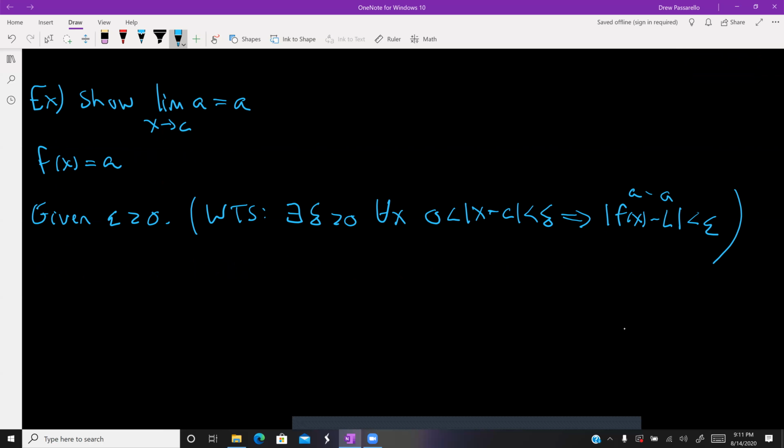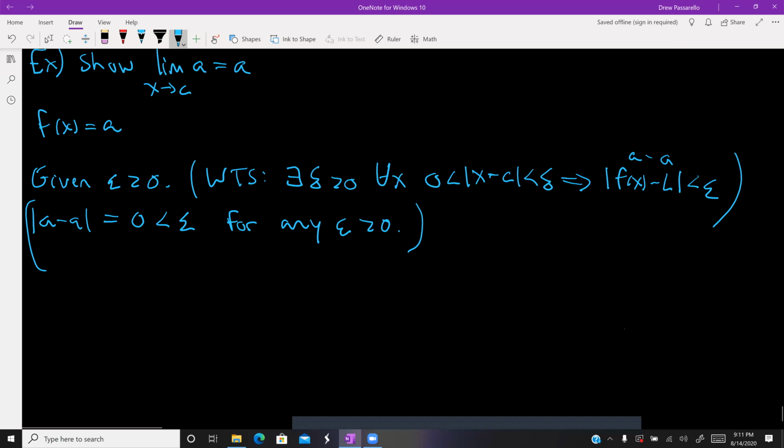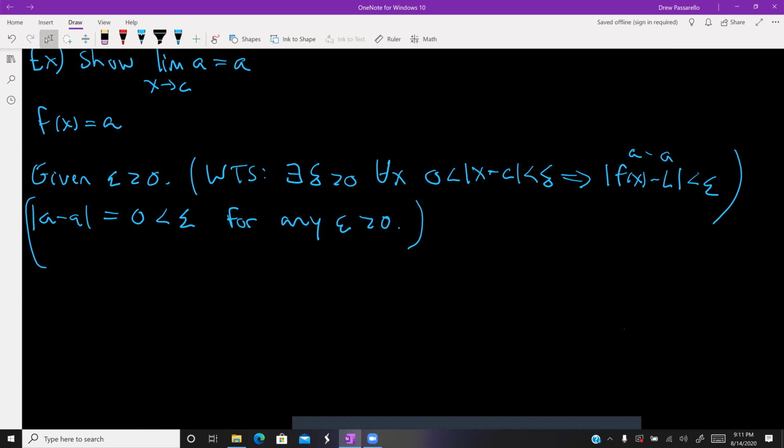Well, we can pick any positive delta because the absolute value of a minus a is going to be 0, which is less than epsilon for any arbitrary epsilon. So given epsilon, just pick delta to be 1.